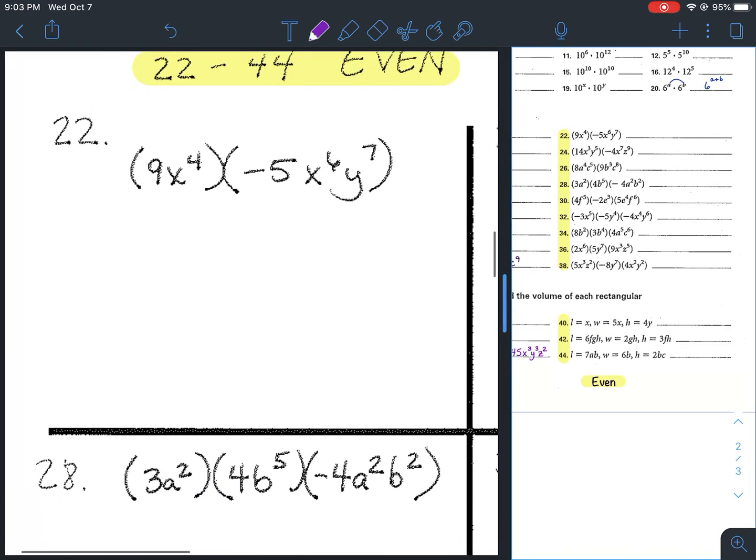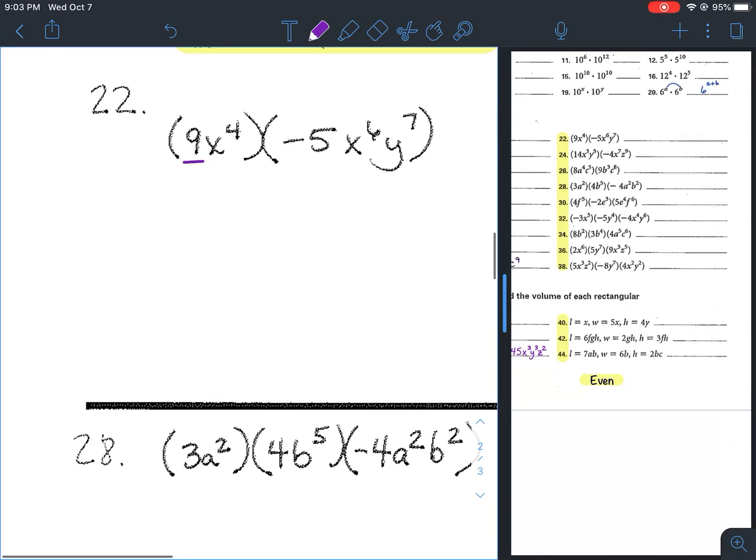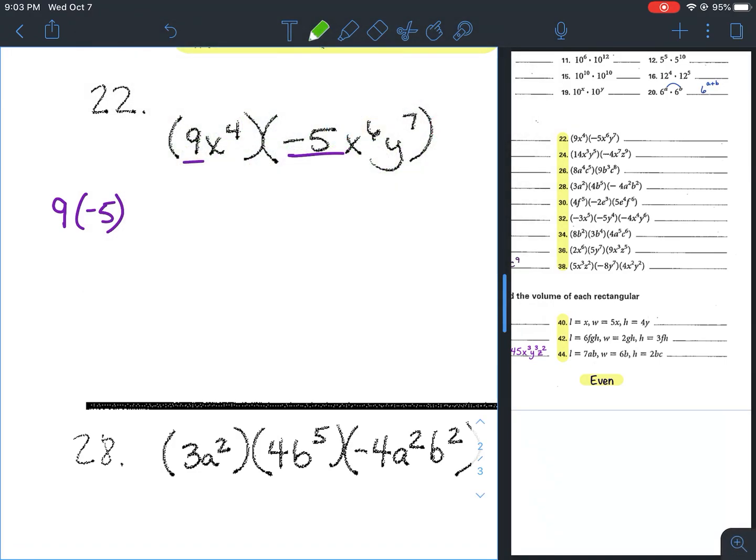For 22, I'm going to start by grouping together my coefficients, which is 9 and -5. Then my x terms, I've got x to the fourth and x to the sixth.